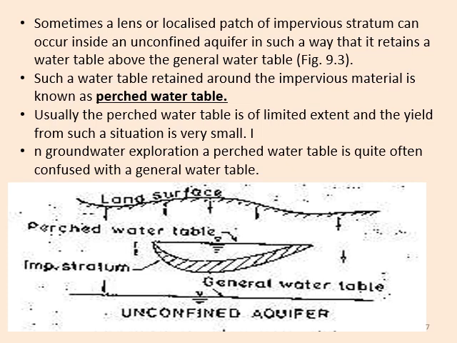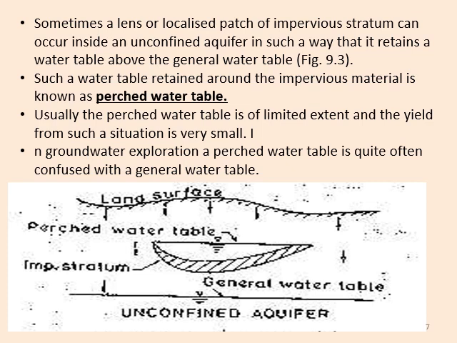Here is a third type of well, which is very rare actually. Sometimes a lens or localized patch of impervious strata can occur inside an unconfined aquifer in such a way that it retains a water table above the general water table.